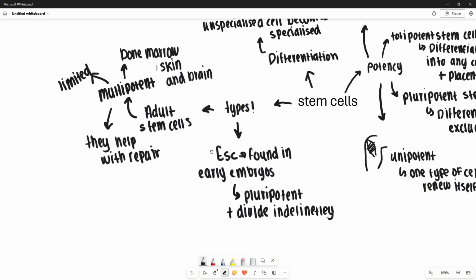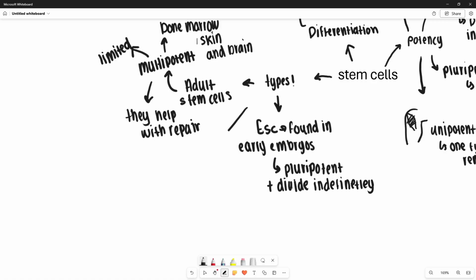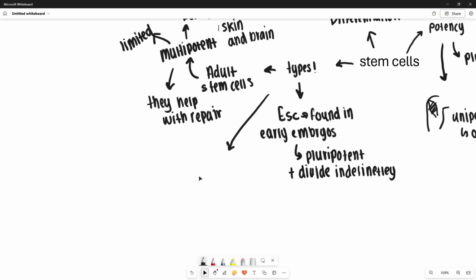Now, the third type of stem cell is actually quite a recent development in stem cell research, and that's induced pluripotent stem cells.